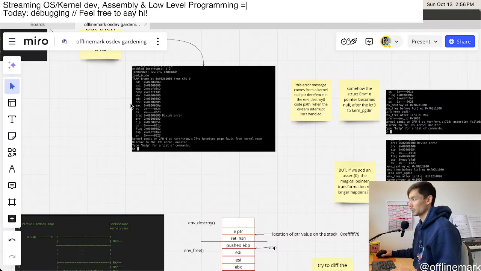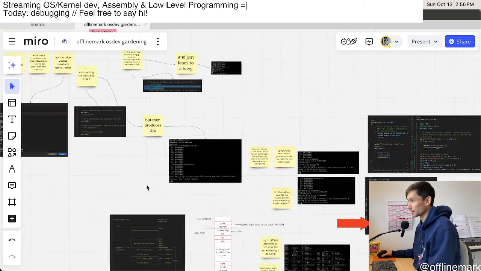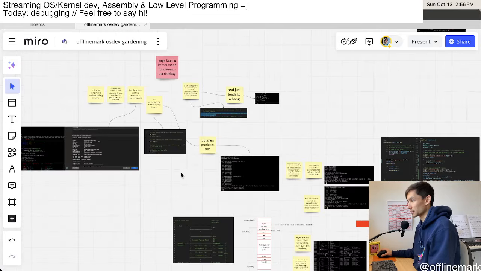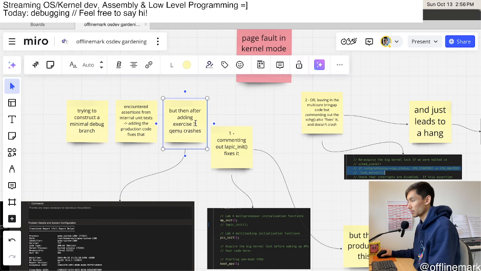Anyway, last time we made a lot of progress, and I have been debugging a lot of issues lately. I've been trying to document what I've been seeing, but basically there are two main problems.